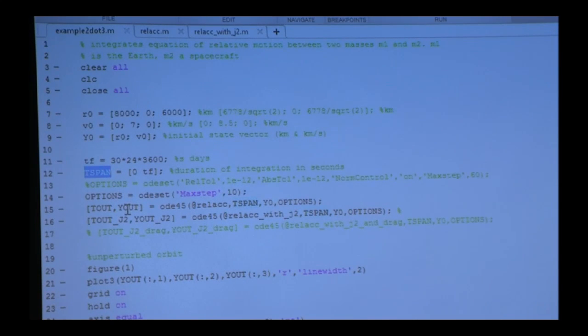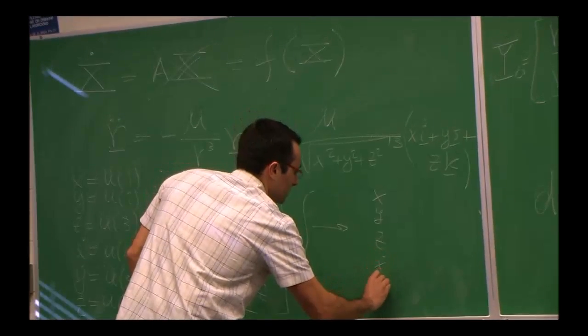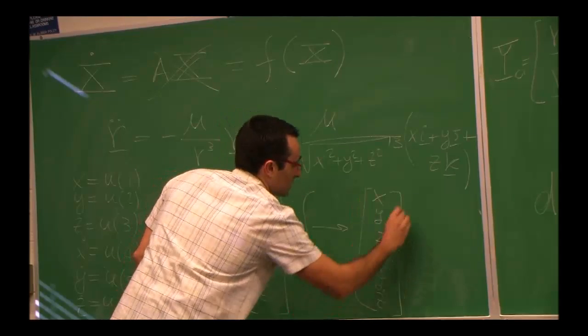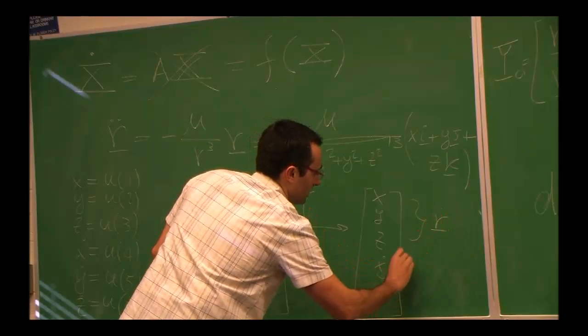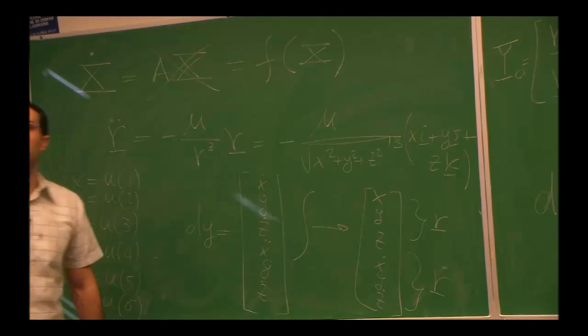Again, when you integrate this, what you're going to get is x, y, z, x dot, y dot, z dot, which is the position and velocity of the satellite around the planet.